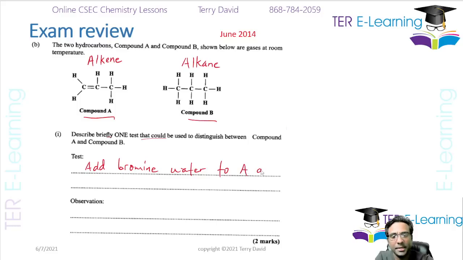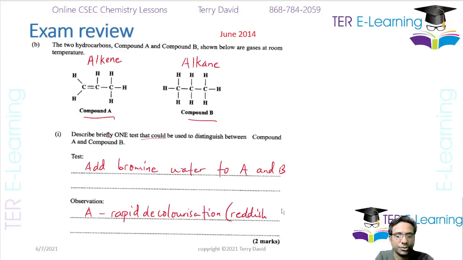So A and B, that's what you're going to do. And then you need to state what the observation is. So in the case of A, because it's an alkene, rapid decolorization. So we go from reddish brown to colorless.